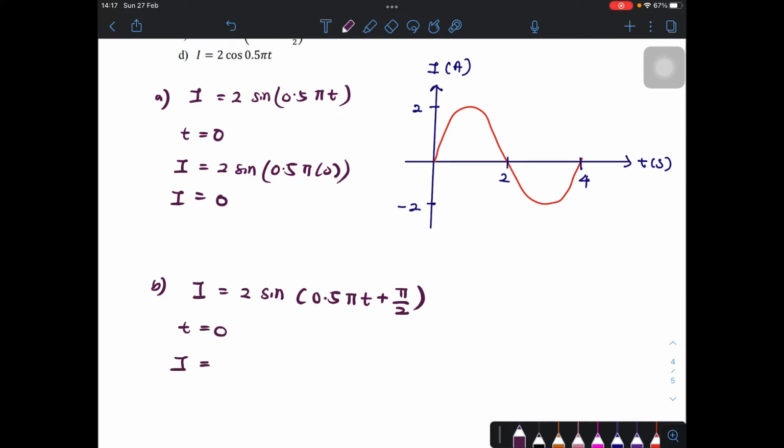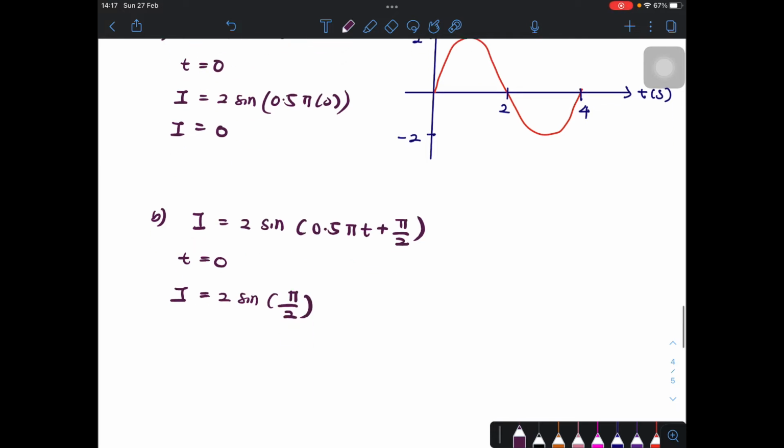Dan kita akan dapat I sama dengan 2 sine, okay, kita sudah substitute kosong kan, maksudnya this one kita sudah buang. So akan dapat 2 sine pi over 2. And then you just tekan calculator. Ingat sekali lagi, your calculator must be in radian mode. So you will get I will be equal to 2 ampere. Maksudnya sekarang ni our graph will start from maximum.